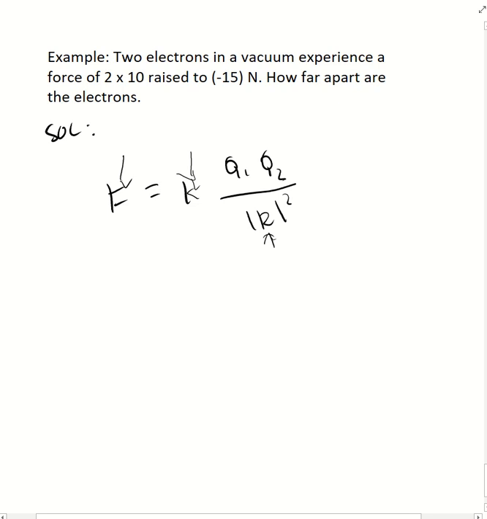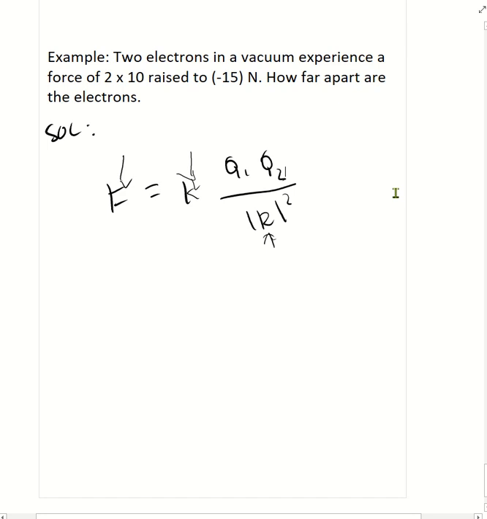Now, how do we solve this one if we don't know the charge? The problem says there are two electrons. So what does this mean? Two electrons in a vacuum experience a force. So there are 2 electrons. Remember Q. What is Q? It's the charge. Remember the definition of charge.